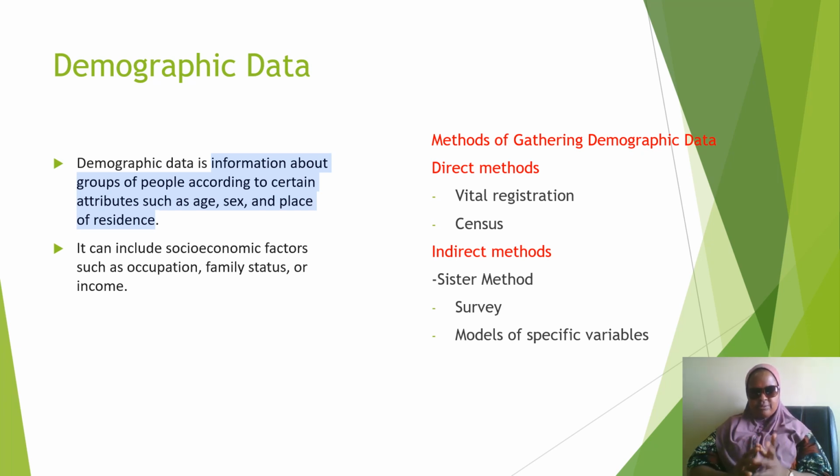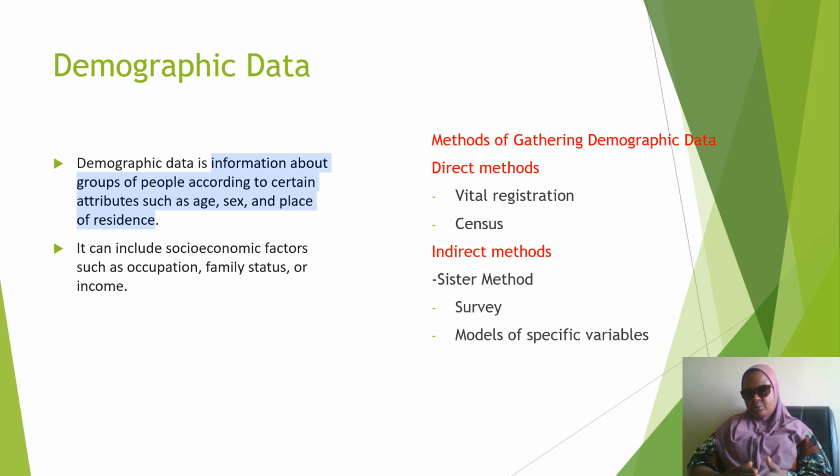Indirect methods, we have the sister method. In this kind of method, questions are asked among sisters. For example, if we are studying complications of pregnancy or pregnancy-related deaths, we can ask sisters or women in the community, hello, good morning, how are you?